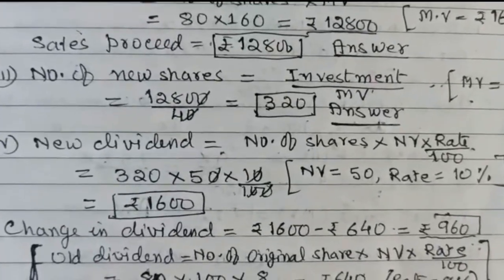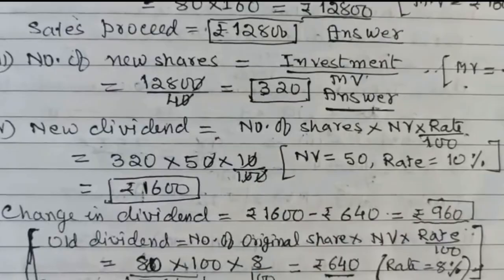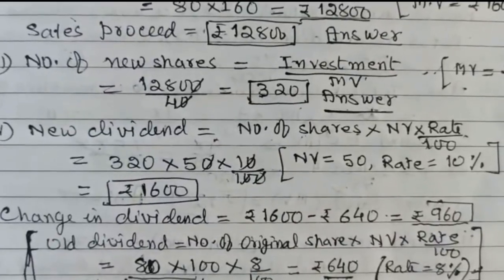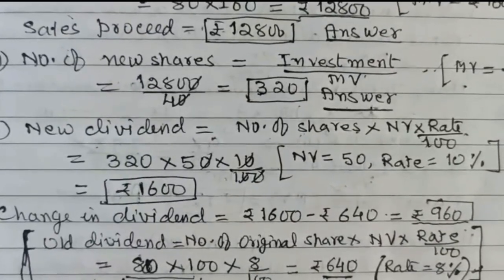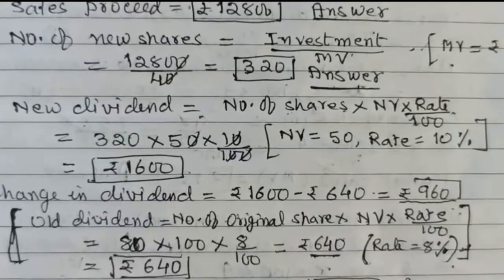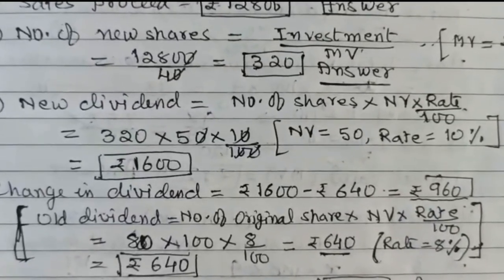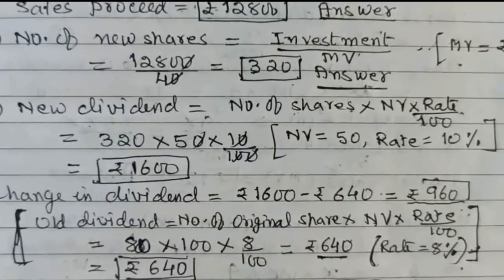Then in the fourth part, we have been asked to find out the change in dividend when he buys the shares of the company whose nominal value is 50 and the rate of dividend is 10.